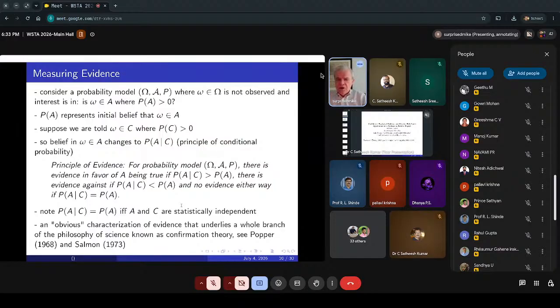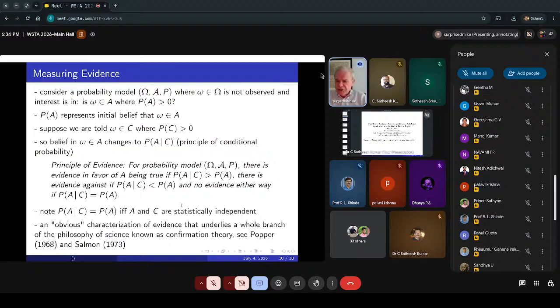This is the data. We're told that omega is in a subset, an event C, where again, the probability of C is greater than 0. So our belief changes. This is basically a principle. We're not forced to replace P of A by P of A given C, but we more or less think that that's the right thing to do. I don't think that's a controversial principle in statistics. You have to be a bit careful in its implementation, but it's a generally accepted principle.